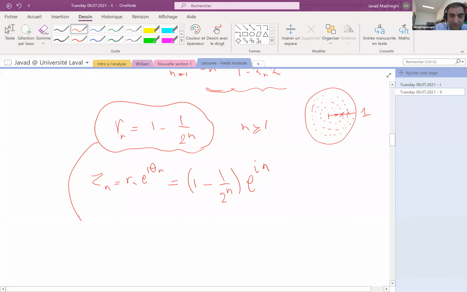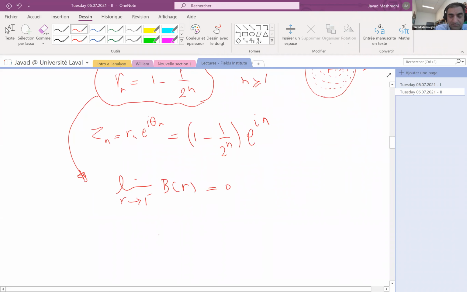So if this is our sequence, you can show that lim of B(r) equal to 0 when r goes to 1. As Paul mentioned, in this setting, radial and non-tangential limits are the same.